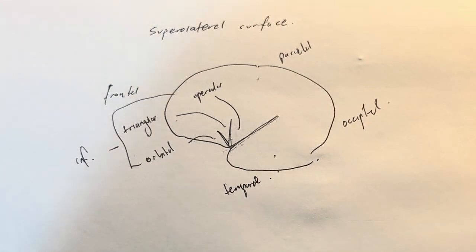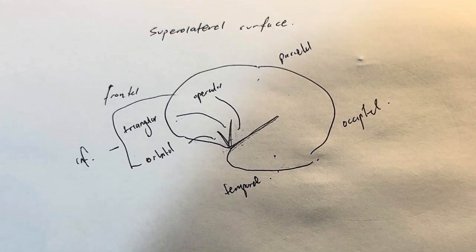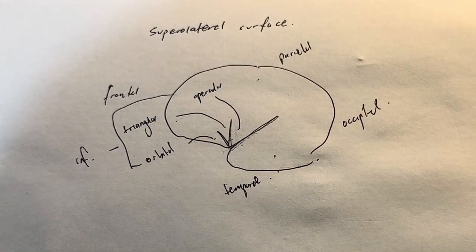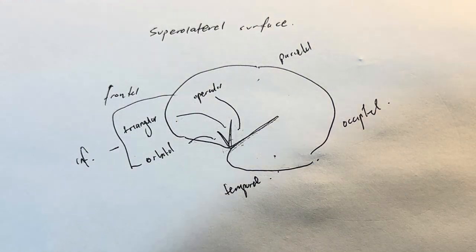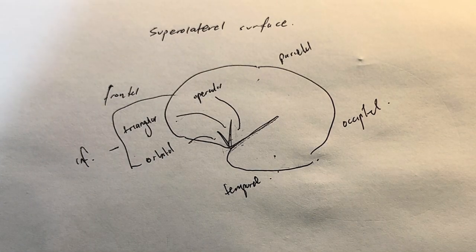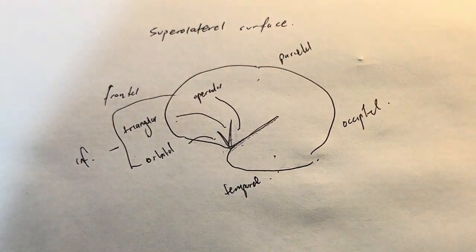This is important because it overlies the insula, which lies underneath and is composed of various long and short gyri, completely surrounded by the circular sulcus, which we'll see in a medial cut later on.